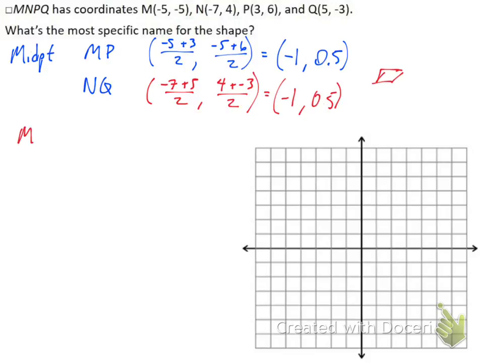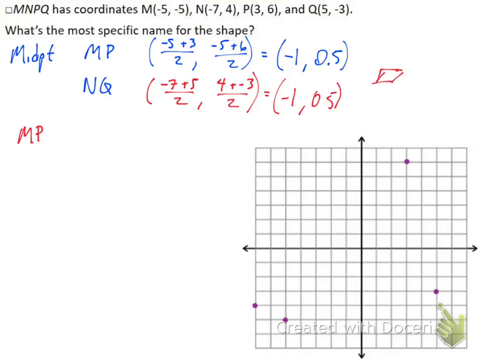Next thing, find the length of MP. So when I plot these points, M is negative 5, negative 5, negative 7, negative 1, 2, 3, 4. And then 5, negative 3.